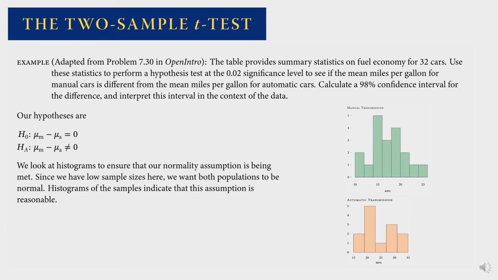Histograms of the two samples show no major departures from normality, so we'll assume that these were drawn from normal populations and proceed with the test. The automatic histogram might not look so normal, and in fact this was the most normal I could get it to look. But the sample size is small, and we could easily draw a sample of size 19 that looks like this from a normal distribution, so it should be fine.